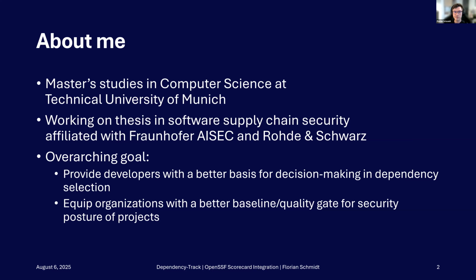And number two, from an organizational perspective, we want to equip organizations with a better quality gate or baseline for the security posture of their own projects. So again, understanding what is going on in their projects, in their SBOMs, especially with the help of automation.